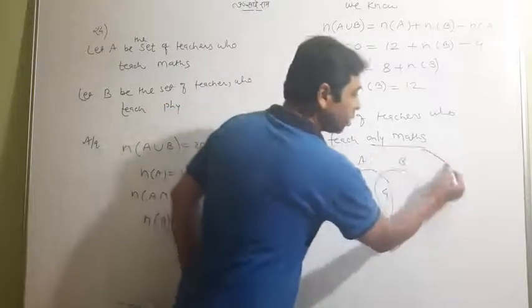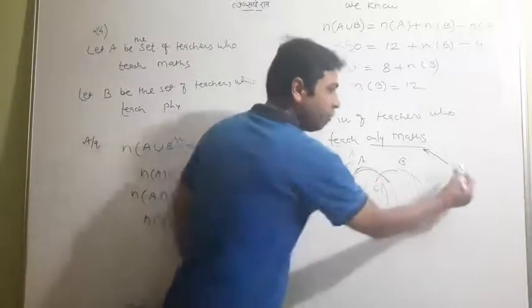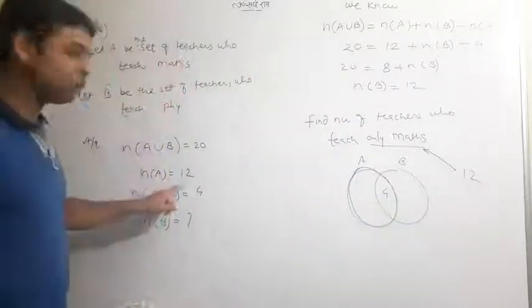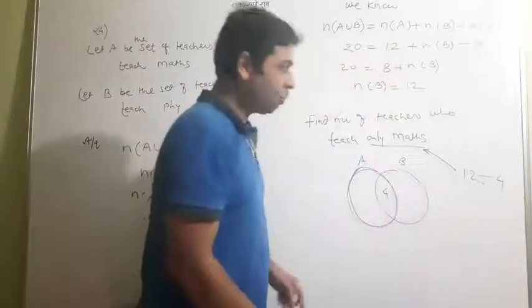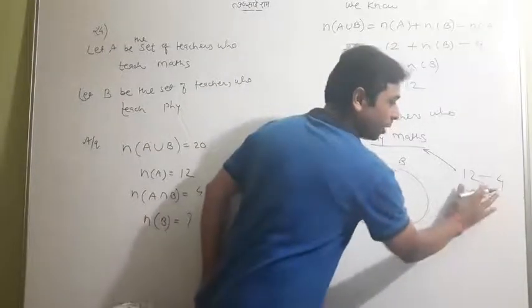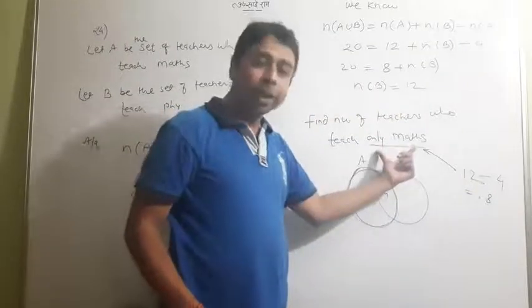So how can we find only mathematics teachers? Just take whole A, which is 12, minus the common part. When I subtract the common portion, only 8 is left, who teach only mathematics.